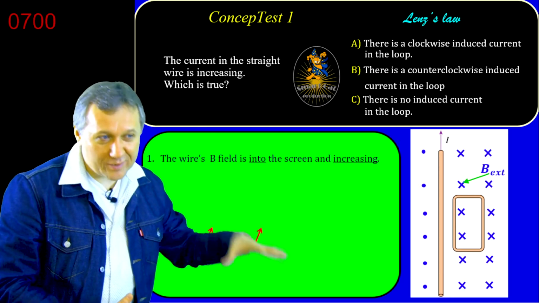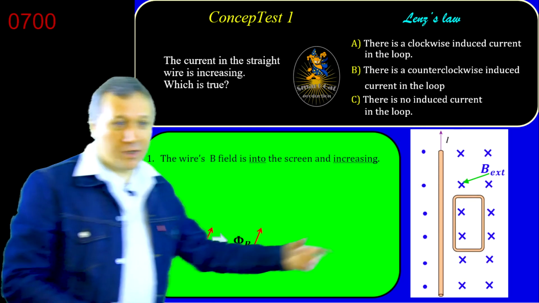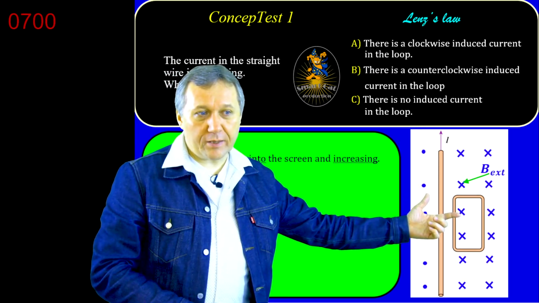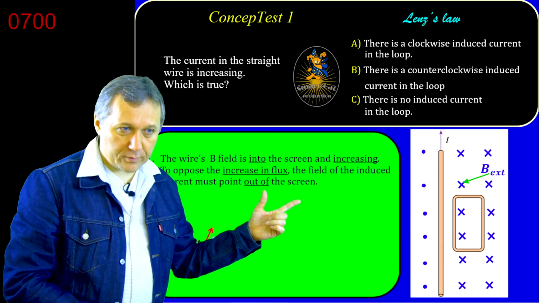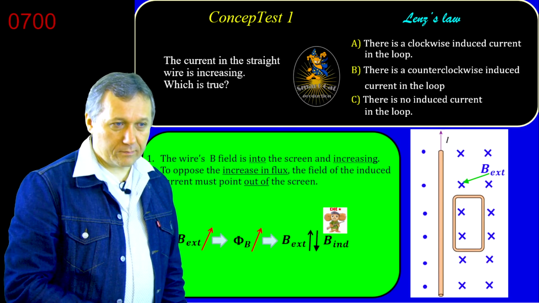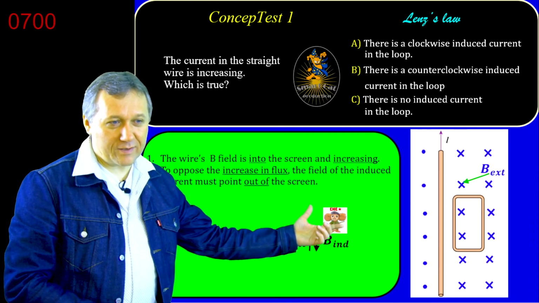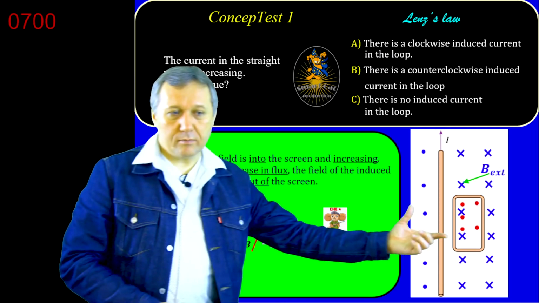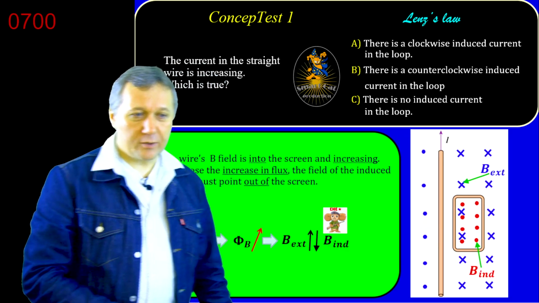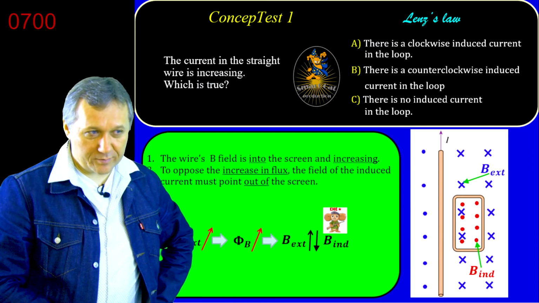Flux is within the loop. So within the loop, I can draw a bunch of dots, in the opposite direction. As I said, it rebels, right? So direction will be opposite, and a bunch of dots here. So that's my B induced.